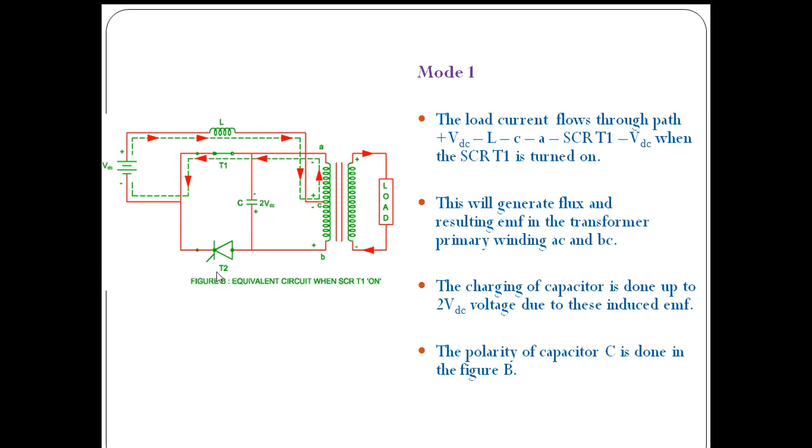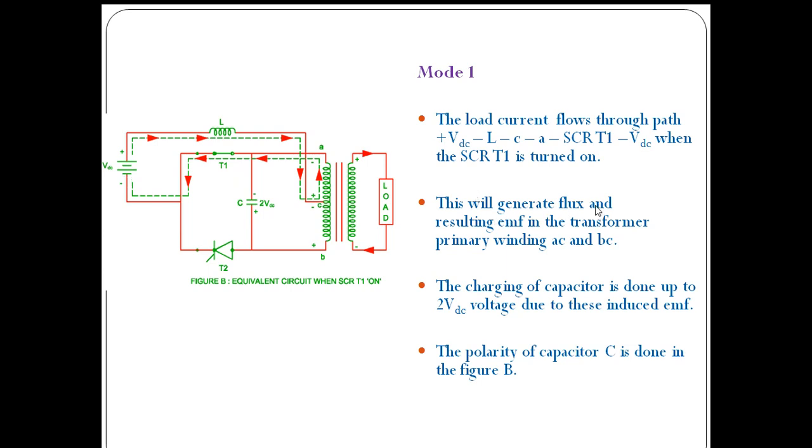The thyristor T2 is already reverse biased. The load current flows through the path from plus VDC, the inductor, the transformer center tap to point A, SCR T1, and back to VDC when SCR T1 turns on.